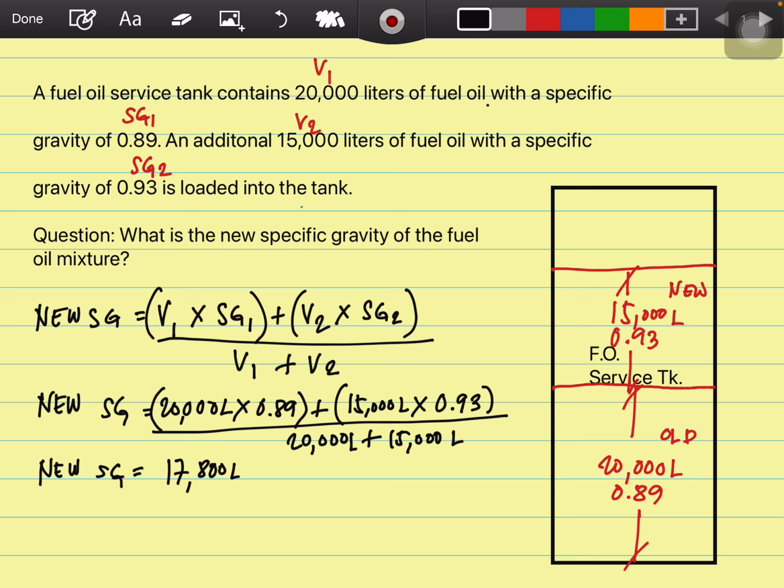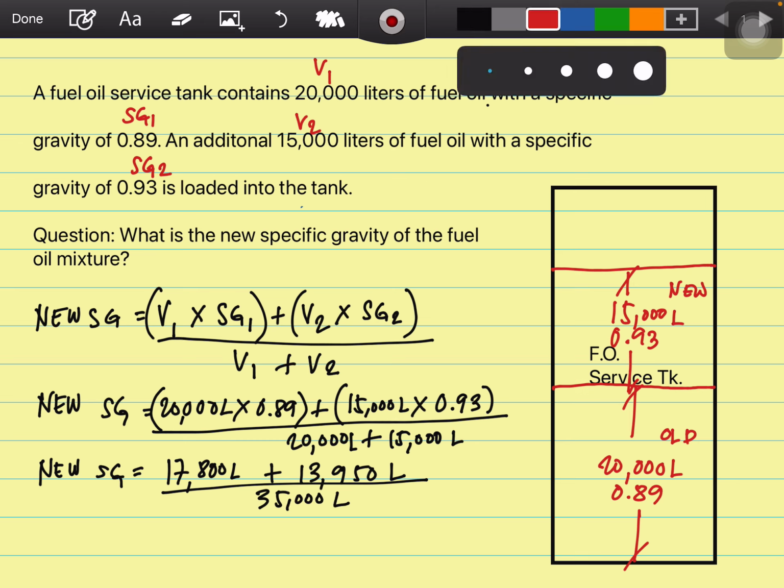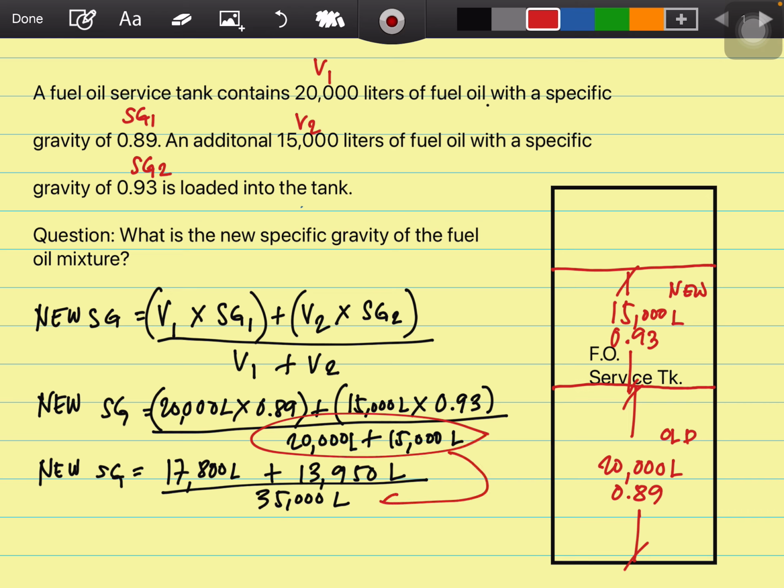Then we add it to V2 times SG2, so we find that first: 15,000 liters multiplied by 0.93 gives you 13,950 liters. Over V1 plus V2, you get 35,000 liters.